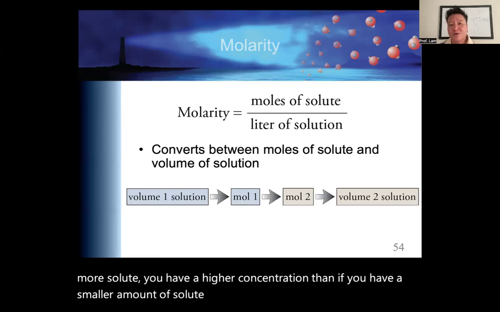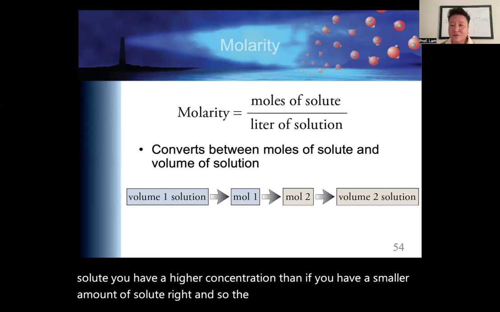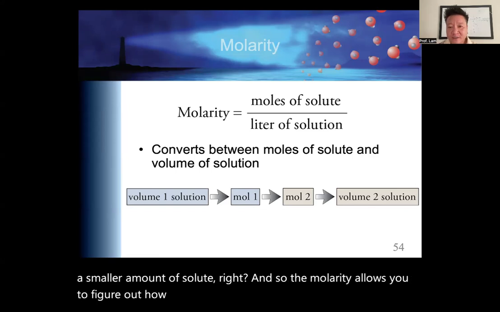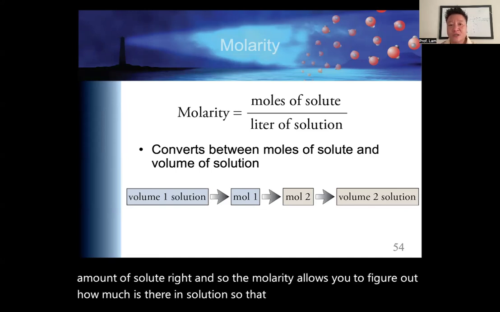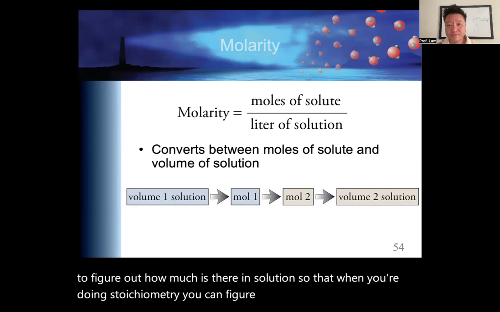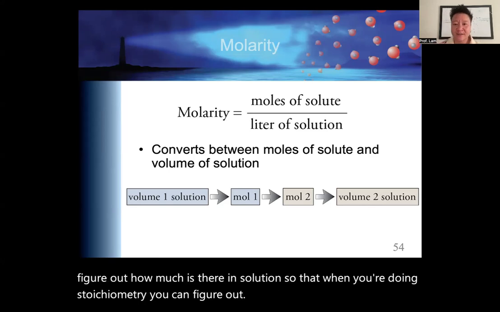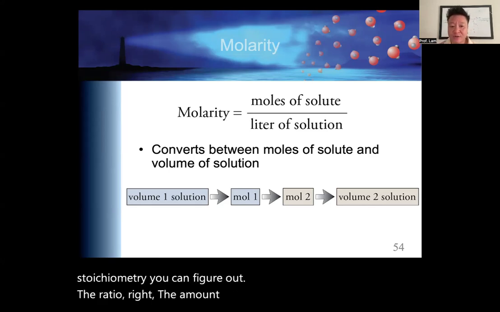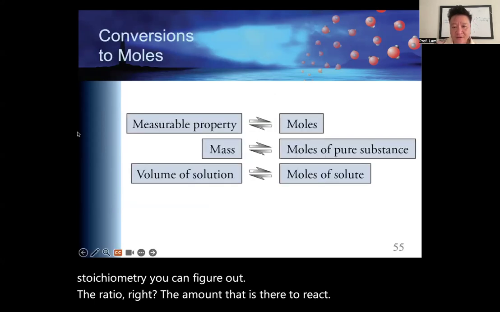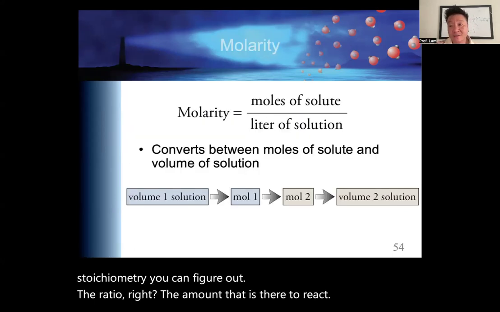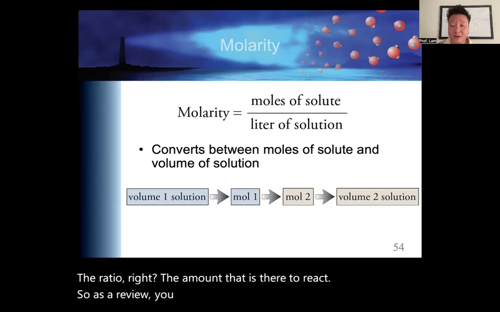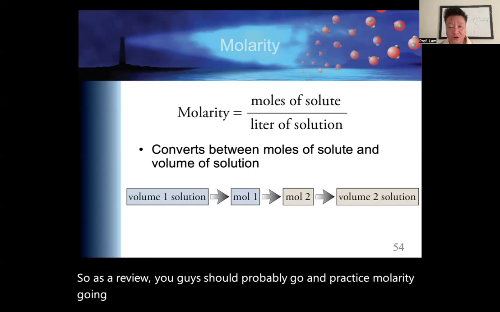And so the molarity allows you to figure out how much is there in solution, so that when you're doing stoichiometry, you can figure out the ratio, the amount that is there to react. As a review, you should probably go and practice molarity, going from moles to volume and volume back to moles using molarity.